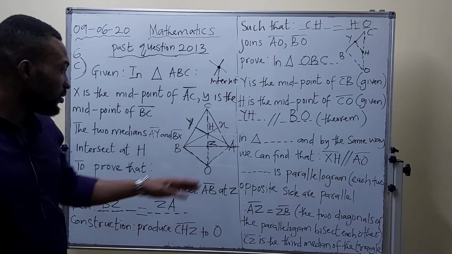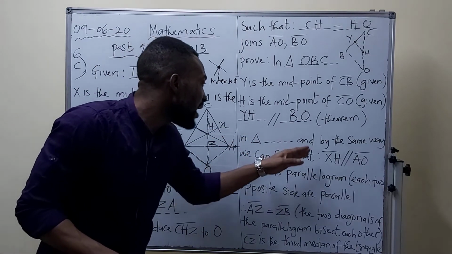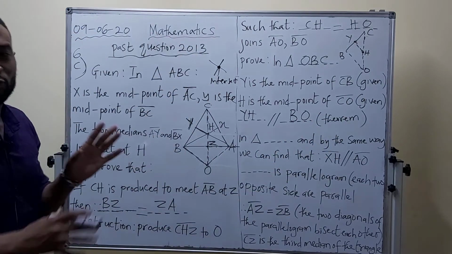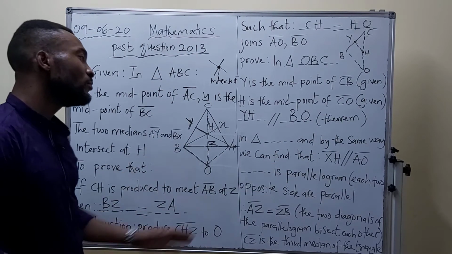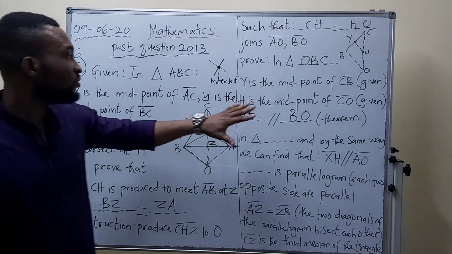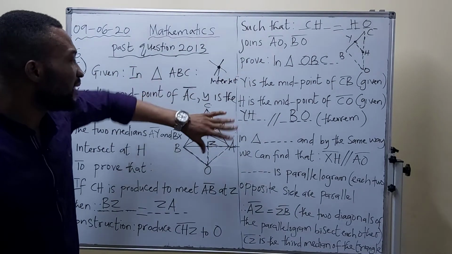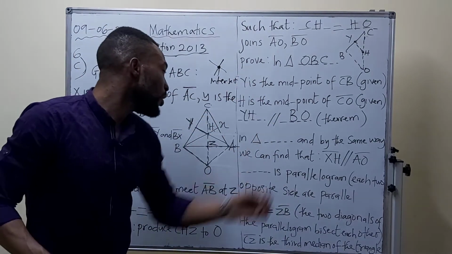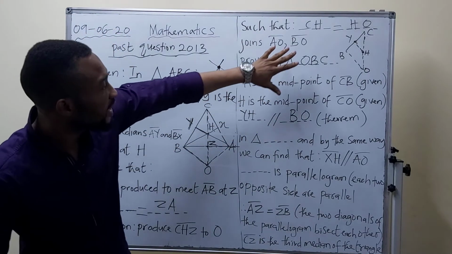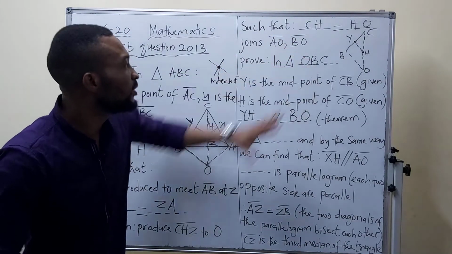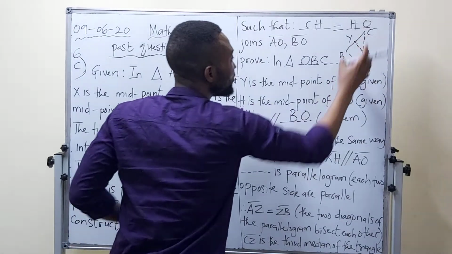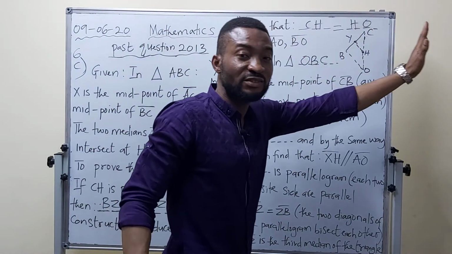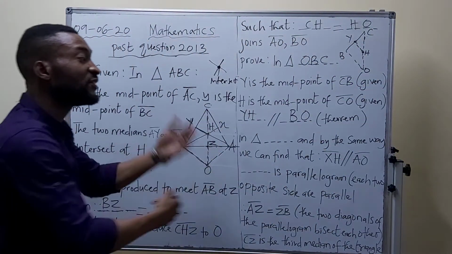In triangle dash, and by the same way. What are they trying to talk about here? What same way? That is how we solve this. If you have this triangle, then they are talking about the opposite side of the triangle in the same way.